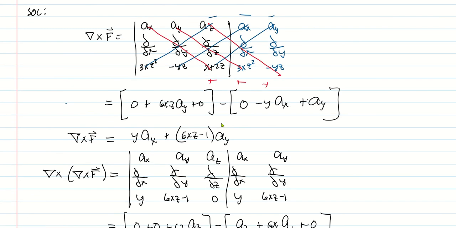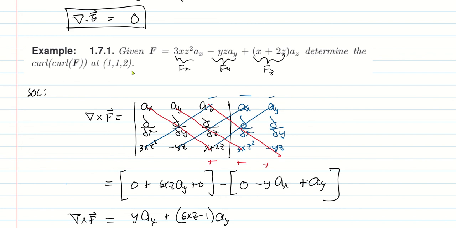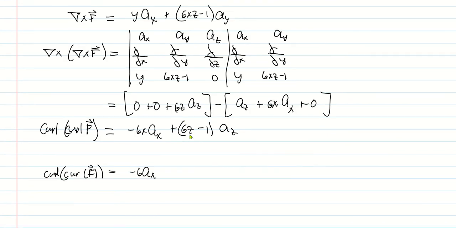Then for the z, we have z equals 2. So 6 times 2 is 12, minus 1 is 11. So plus 11az. So this is now the vector, the curl of the curl of f.